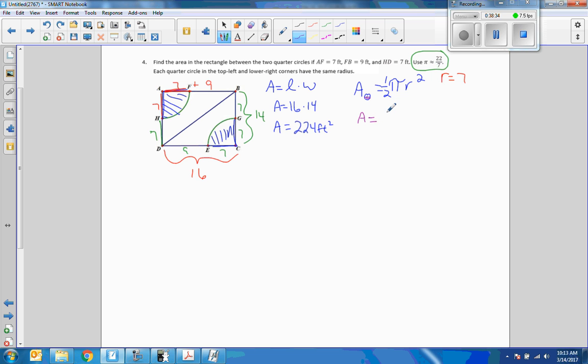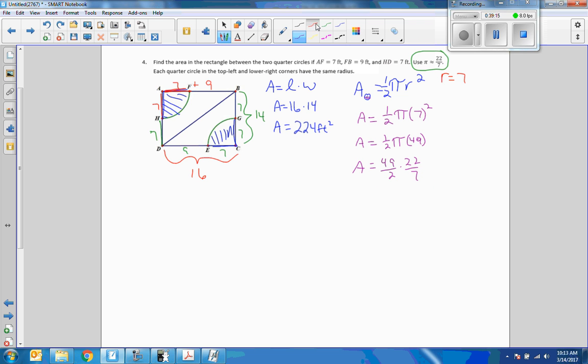The area of the circle is going to be 1/2 times pi times 7 squared, because that's my radius. So the area equals 1/2 pi times 49. So the area equals 49 over 2. Right, 49 times a half is 49 halves, and they said to use 22/7 for pi.